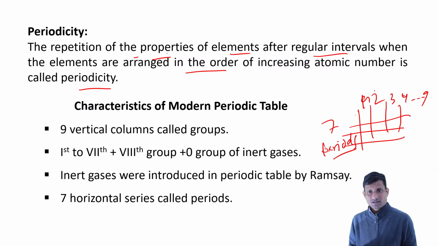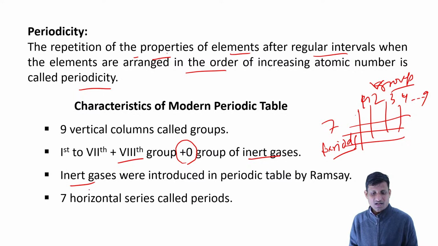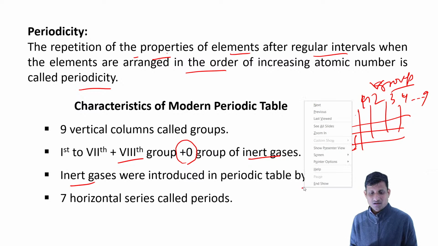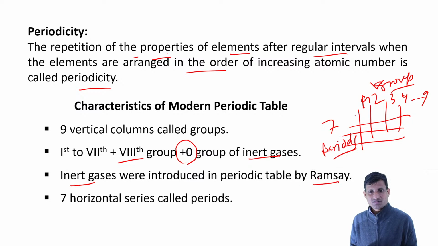So we have nine groups, and after the eighth group, the inert gases we introduced are known as the zero group. Another important point is that the inert gases were introduced by Ramsay. He is the person who first introduced all these inert gases into the periodic table.